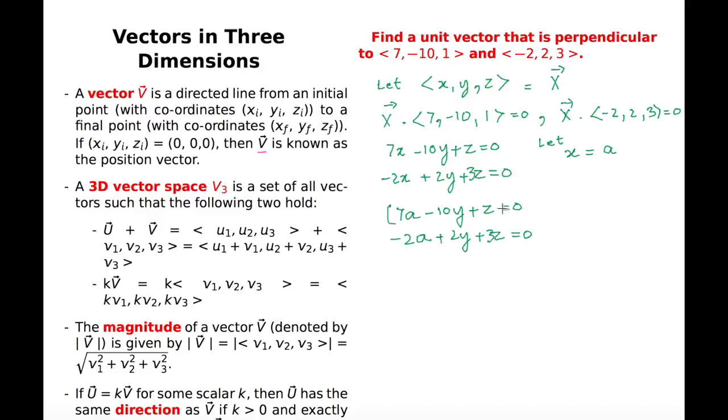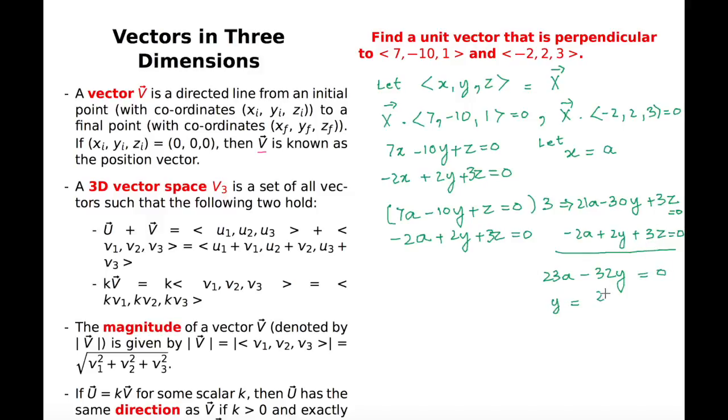Now we multiply the first by 3, so this becomes 21a minus 30y plus 3z is equal to 0, and the other is minus 2a plus 2y plus 3z is equal to 0. So I'm going to subtract them. So this becomes 23a minus 32y, and 3z and 3z cancel out. So I get y is equal to 23 over 32 a.